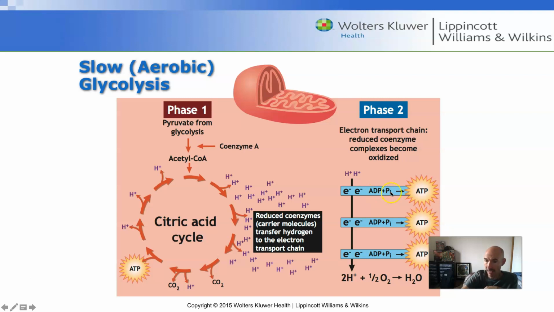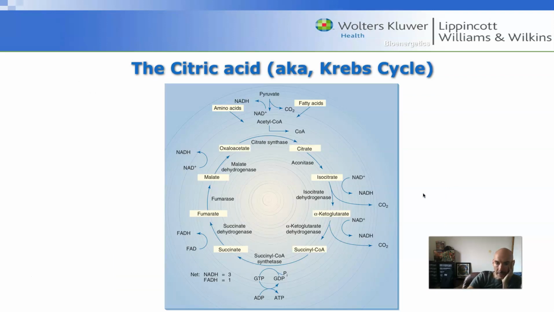So inorganic phosphate is like unenergized phosphate. The electrons energize it and they make it organic, and then those three organic phosphates join together to give us ATP, okay?